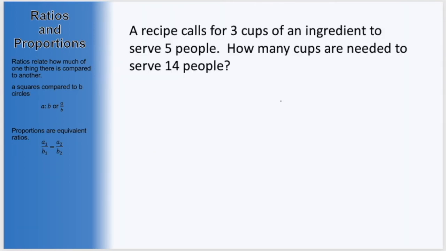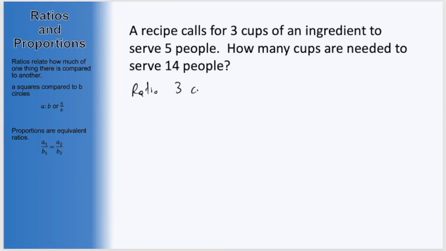Another common scenario where proportions get used is in recipes. Let's say a recipe calls for 3 cups of an ingredient to serve 5 people. And the question asks us how many cups are needed to serve 14 people. Well, first off, we can make a ratio out of the cups to the number of people.